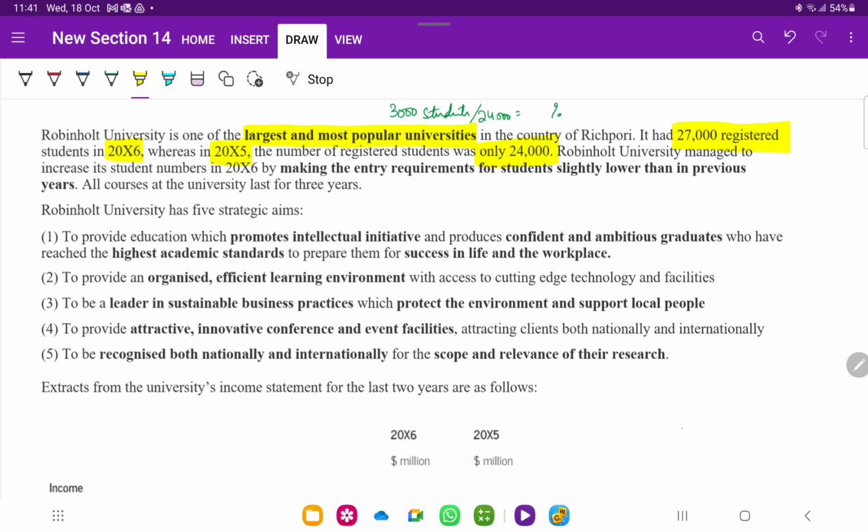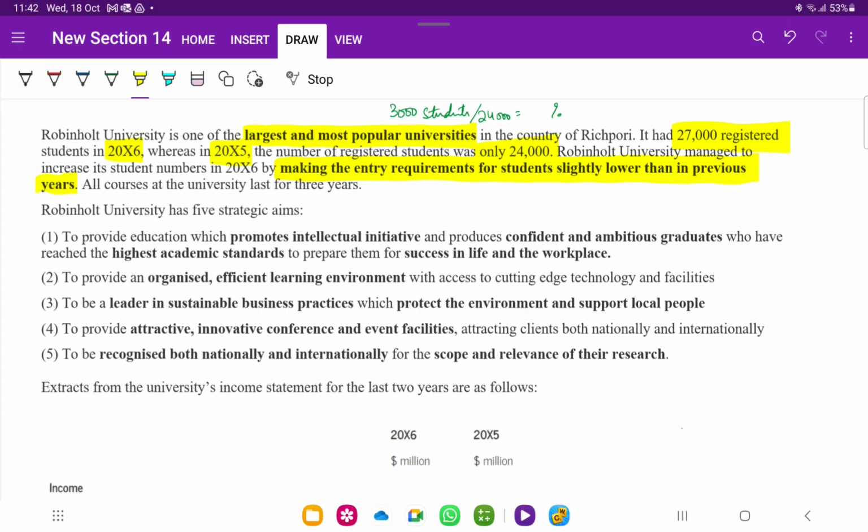The university managed to increase its student numbers in 2006 by making the entry requirements for students slightly lower than in previous years. Now this is something which is not a good idea usually, because if you are reducing your entry requirement, then definitely you can get more students, but the quality can get compromised, right?